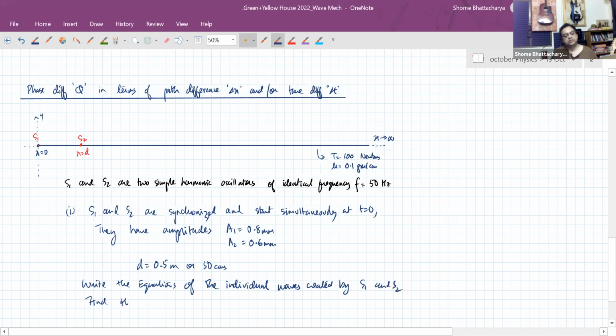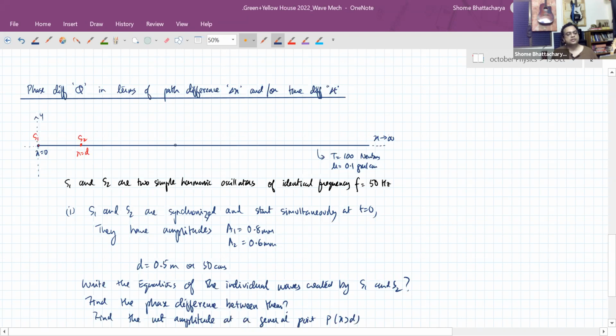Find the phase difference between these waves and therefore find the net amplitude at a general point where x is greater than d. So we have a general point P like here, where x is equal to x greater than d. So at such a point, what is the net amplitude going to be?